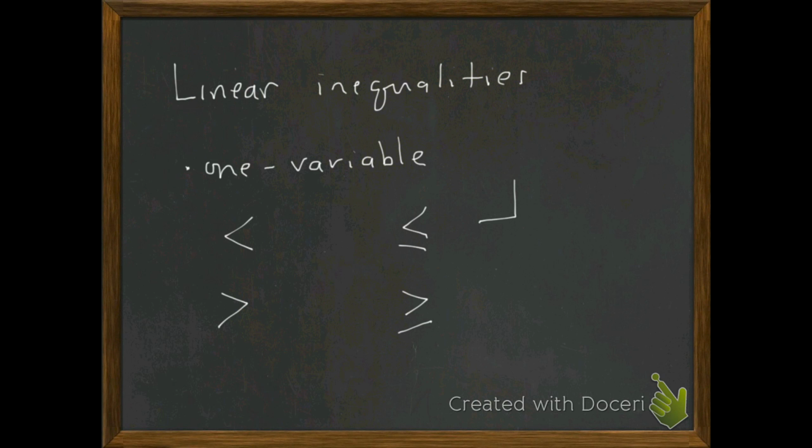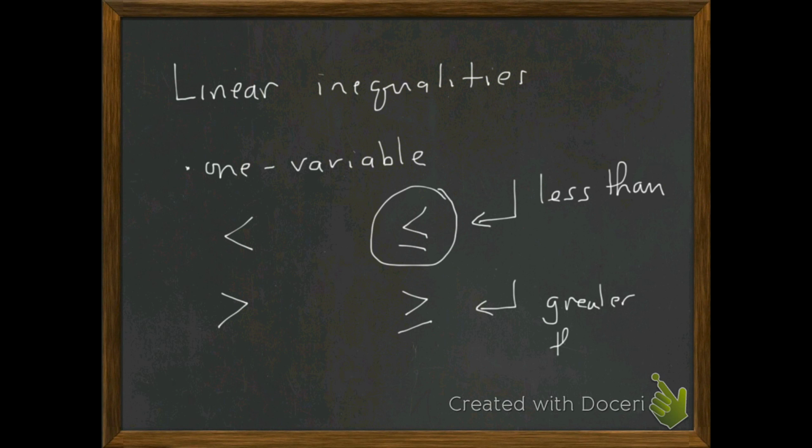These two deal with less than, but this one right here allows for it to be less than or equal to. These deal with greater than, and this one right here deals with greater than or equal to.